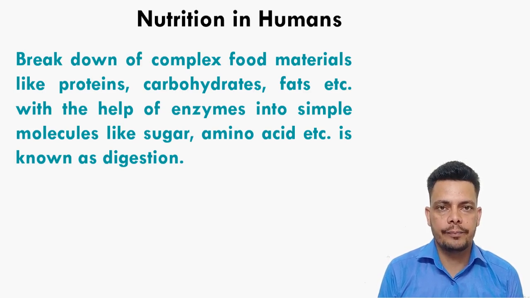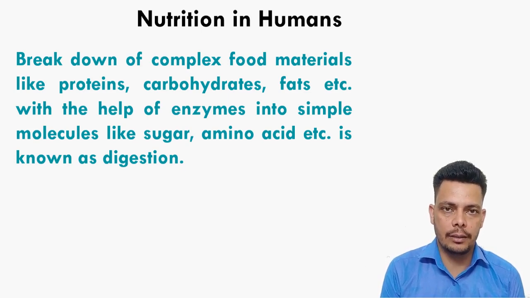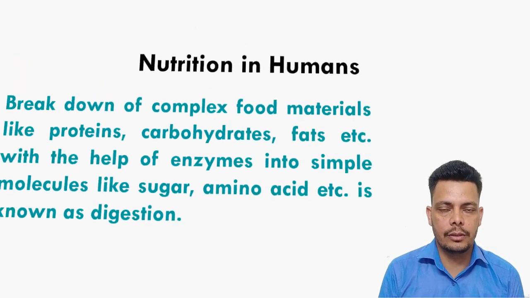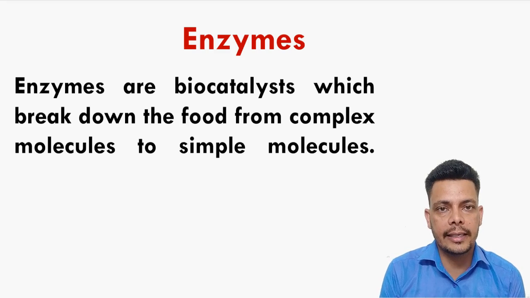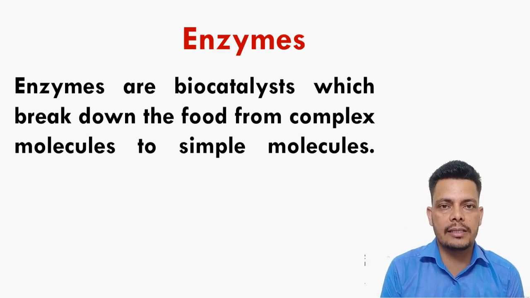The second thing is, who breaks these complex food materials into simple ones? Those are enzymes. Enzymes are biocatalysts. As you have understood catalysts in chemistry, catalysts are chemicals which help a reaction to happen. We call the ones present in the human digestive system biocatalysts.